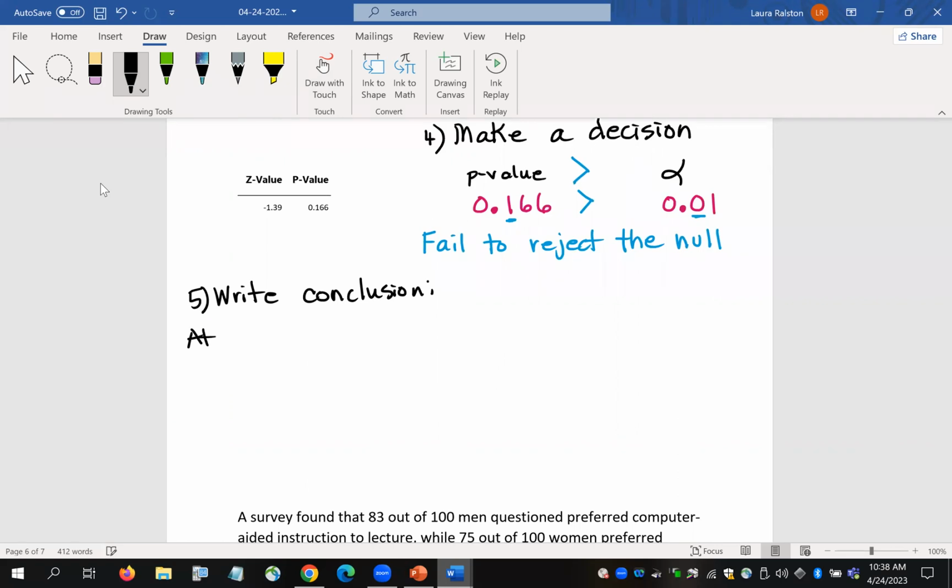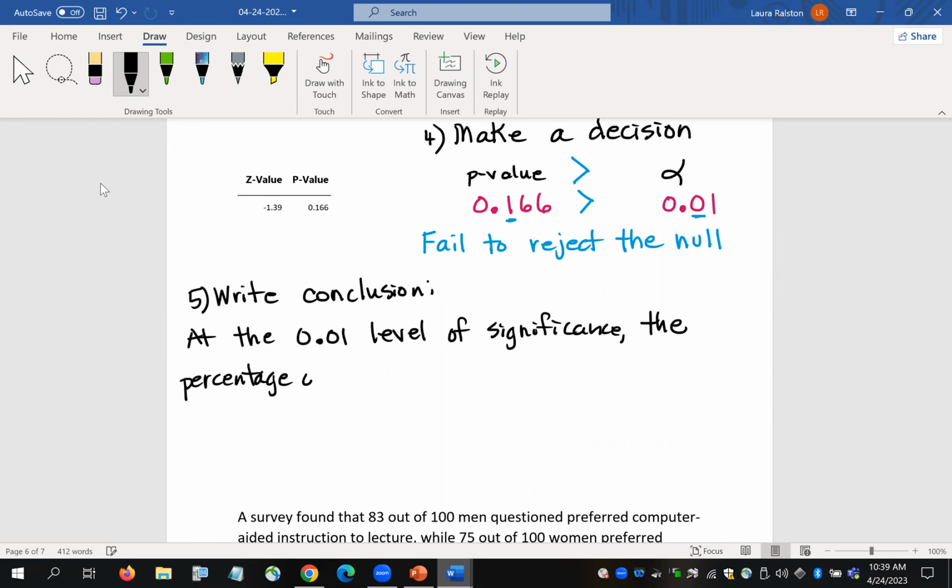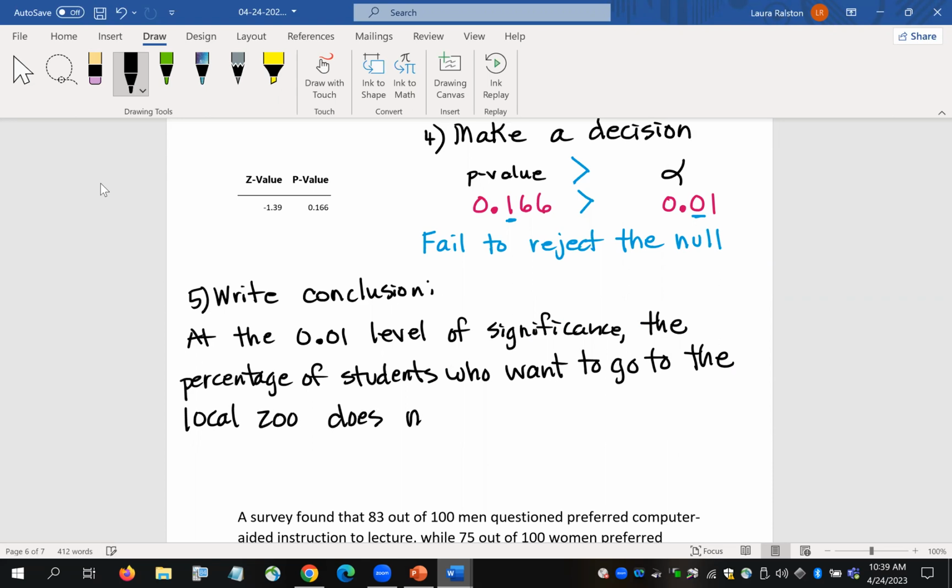So we would say at the 0.01 level of significance, the percentage of students who want to go to the local zoo does not differ from 85%.